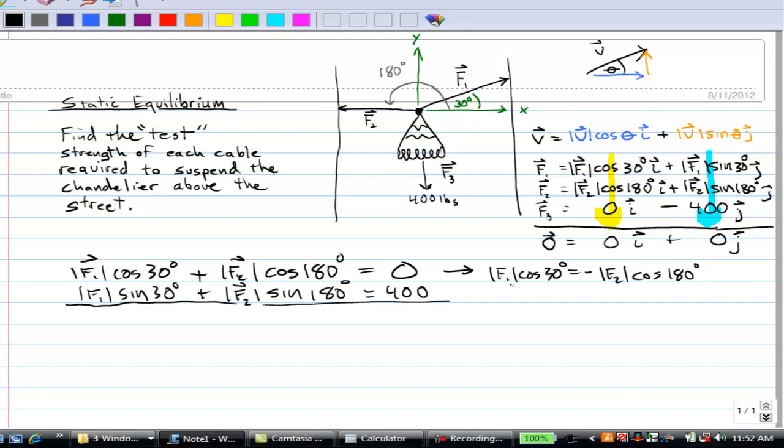And now I'm going to solve for F1 by dividing out cosine 30 degrees from both sides. What that gives us is that F1, the magnitude of F1, get these little vector arrows back in there, I get out of the habit of writing those. But okay, F1 is equal to minus F2 times cosine 180 divided by cosine 30 degrees.